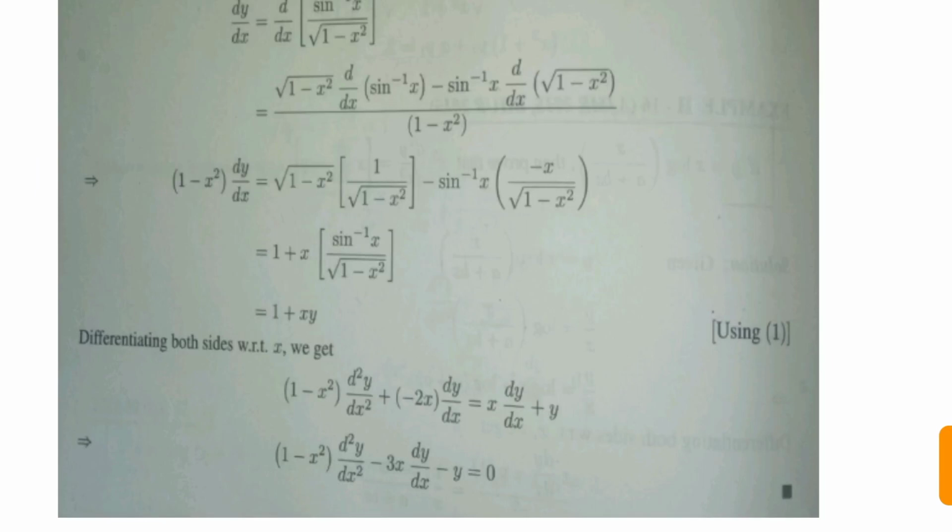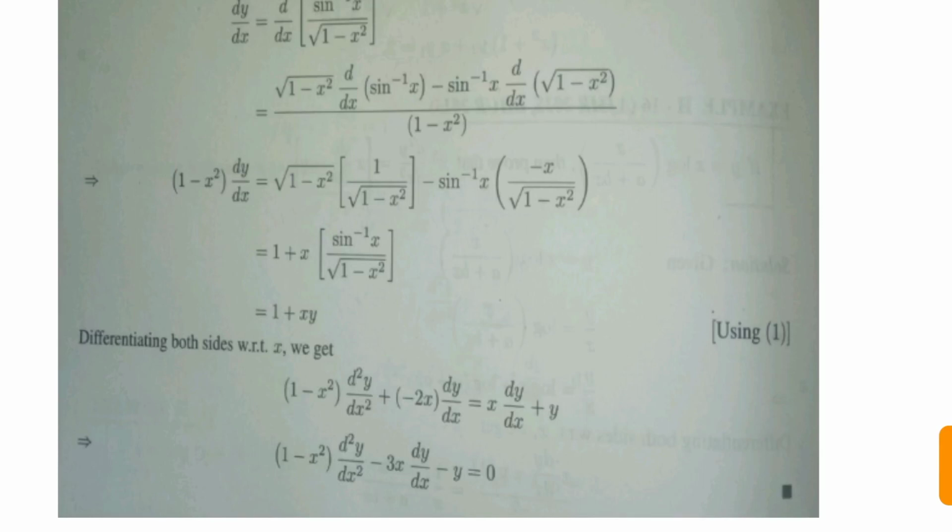We get 1 minus x square into d upon dx of dy upon dx, that is d2y upon dx2, plus dy upon dx into differentiation of 1 minus x square, that is minus 2x, is equal to differentiation of 1, that is 0, plus differentiation of product of x and y, so it will become 0 plus x dy upon dx plus y d upon dx of x, that is 1, so x dy upon dx plus y.